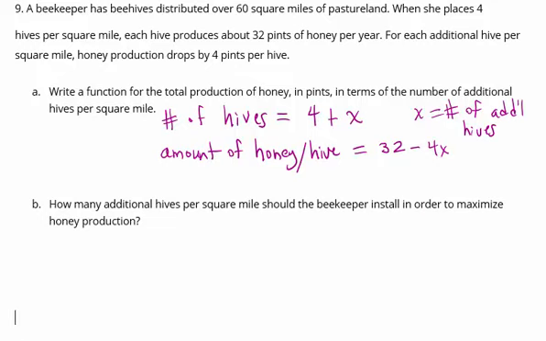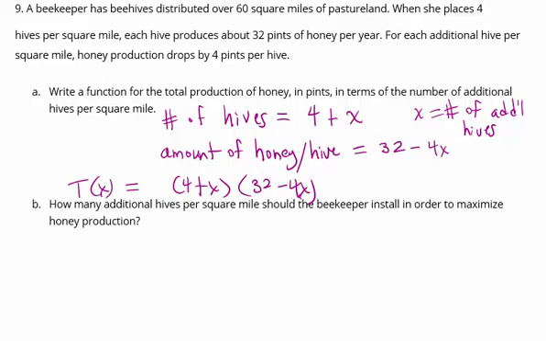Okay, so I think now we're ready to write a function for the total amount of honey based on how many additional hives added. So we're going to multiply these together, the number of hives, 4 plus x, times the amount of honey produced per hive, so 32 minus 4x.